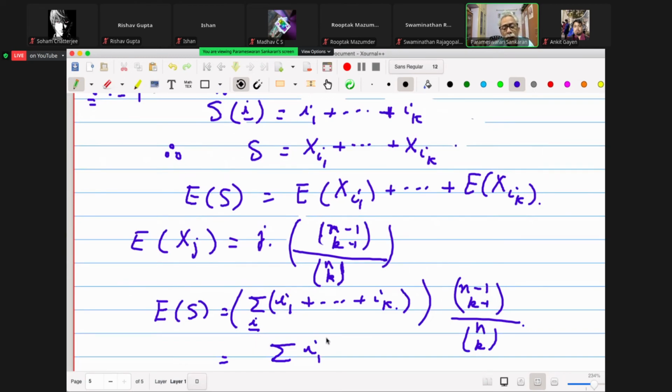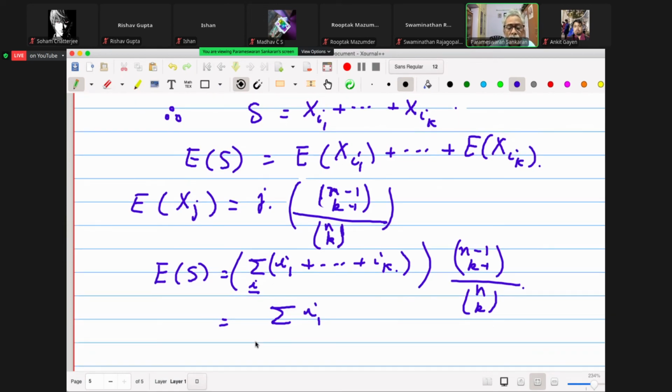So you fix I1, and if you knock off I1, how many are there? Total number is actually n choose k. Here there are totally n choose k of them, of which, having fixed my I1, n minus 1 choose k minus 1 are remaining.